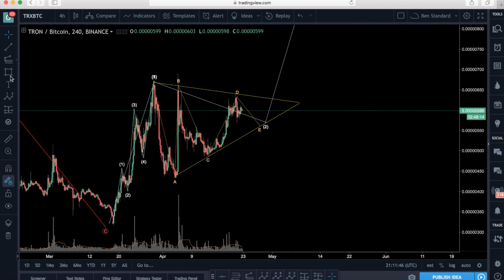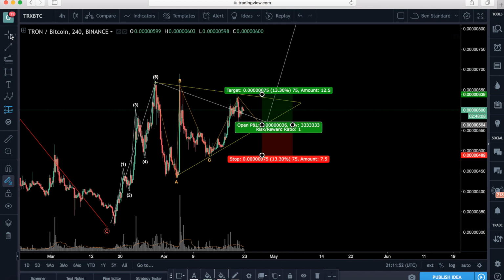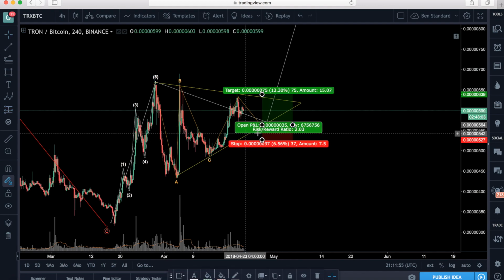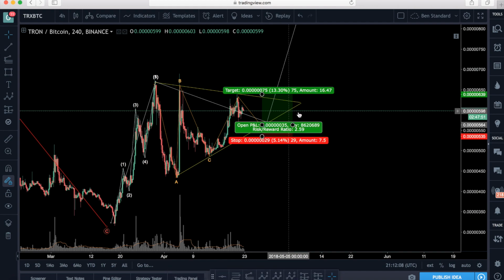So I would buy in here, and I would set a short stop loss in case we break this trend line, so around 4% where the support is, maybe 5%. Let's do 5%.